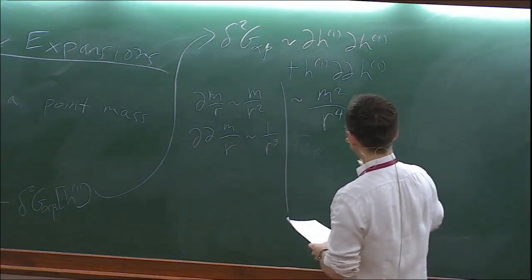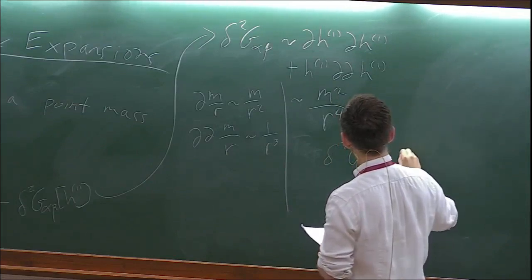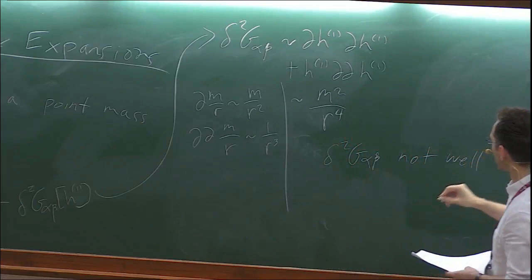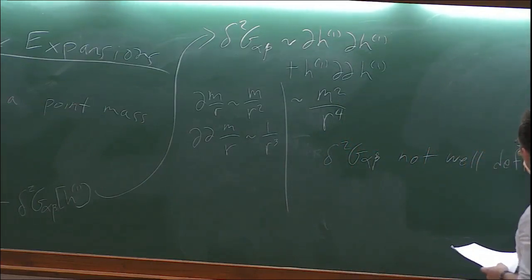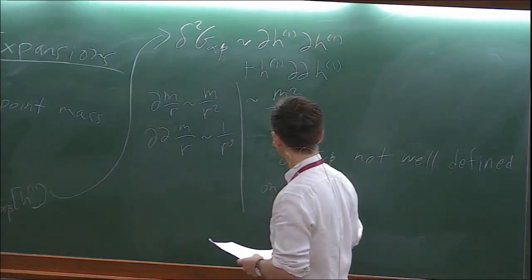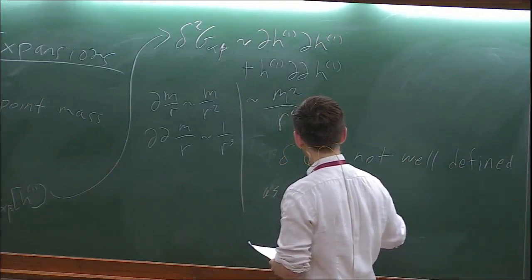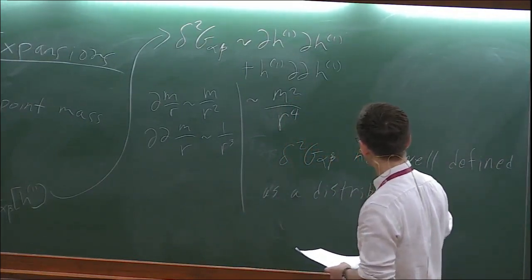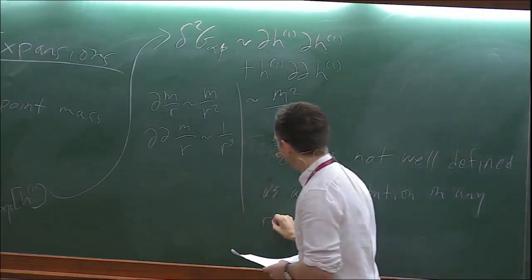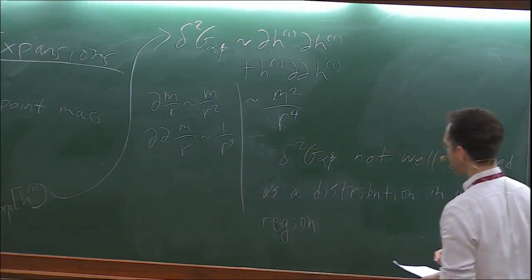So what does that mean? It means that if you integrate this quantity against a test function, a smooth test function, you do not get a finite result.